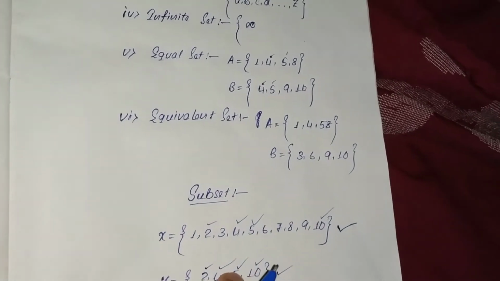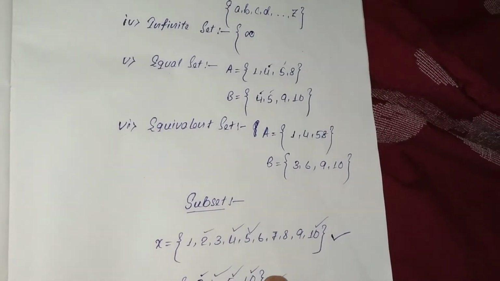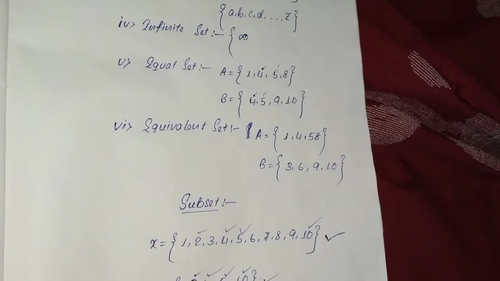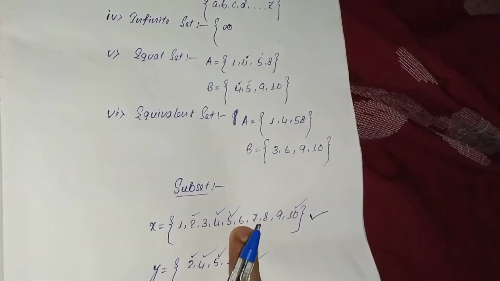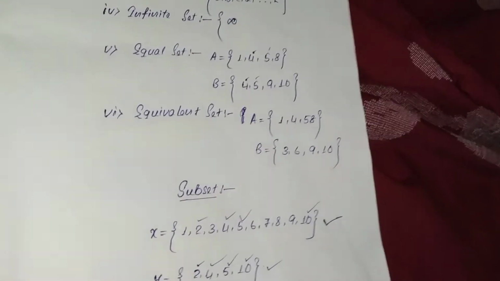That means all elements of the small set are available in the biggest set.